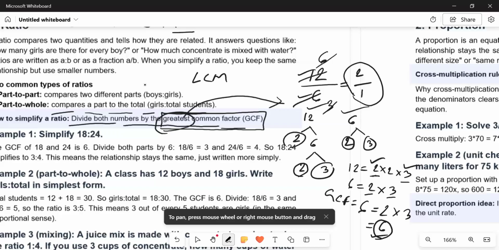That is why we use GCF, and that is why greatest is the first word, because we are using the biggest number that can divide both the numerator and denominator. So I guess it was made clear.